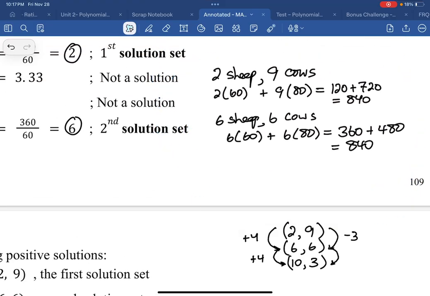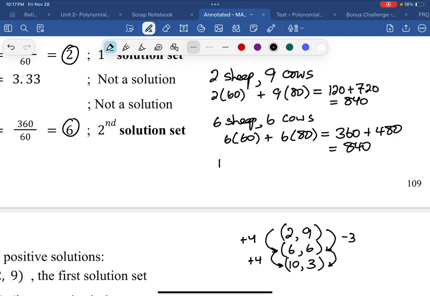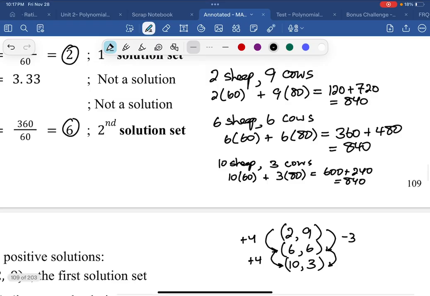So another possibility is that I could sell 10 sheep and 3 cows. That's 10 times 60 plus 3 times 80, which is 600 plus 240, which is 840.